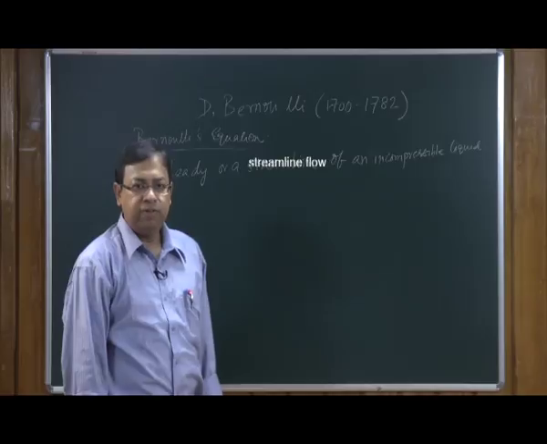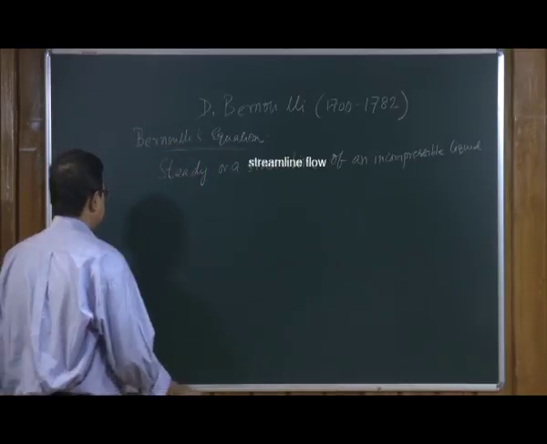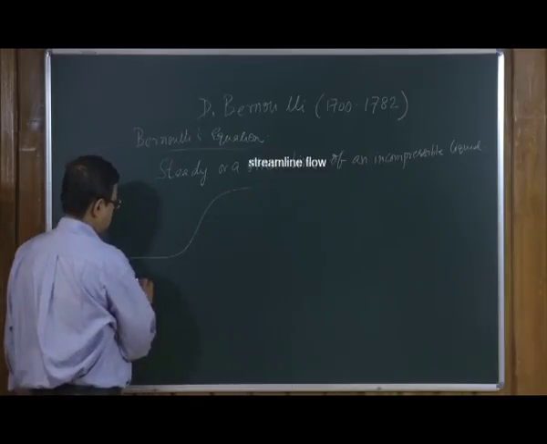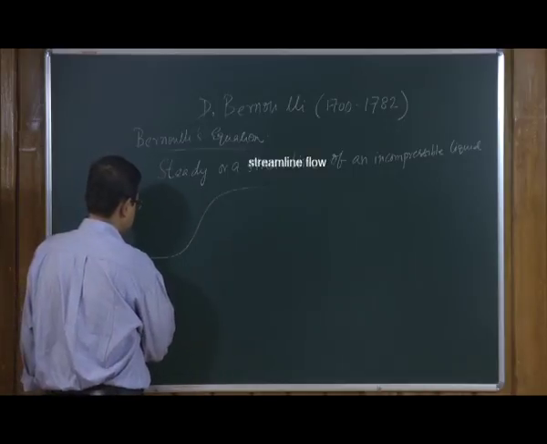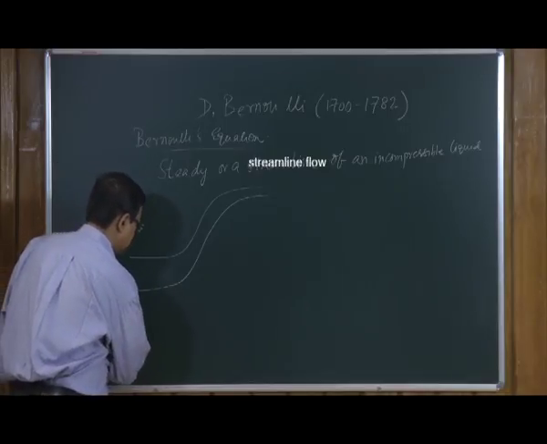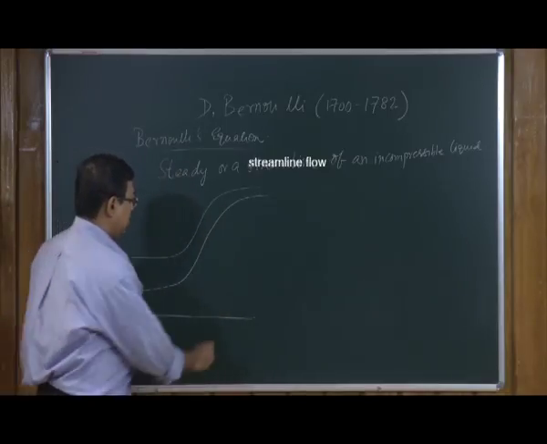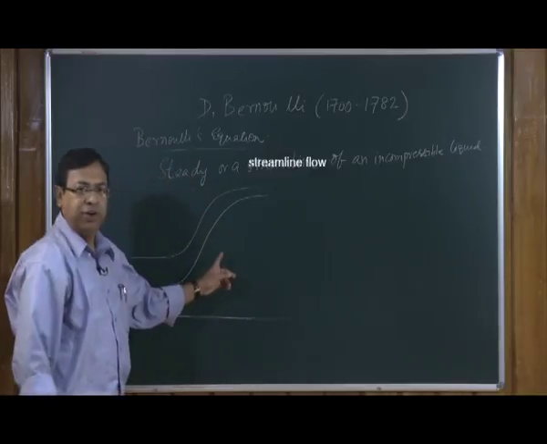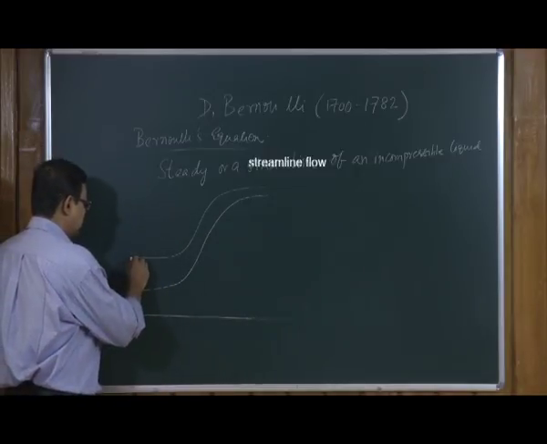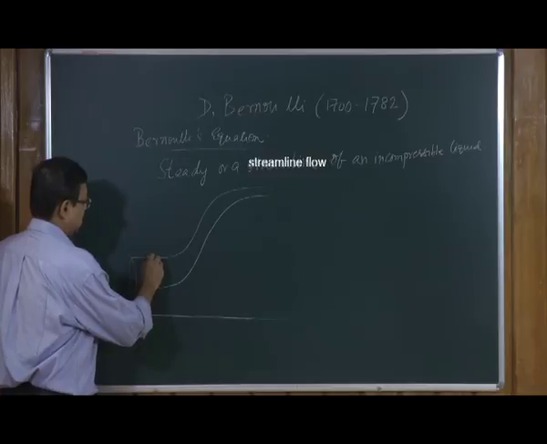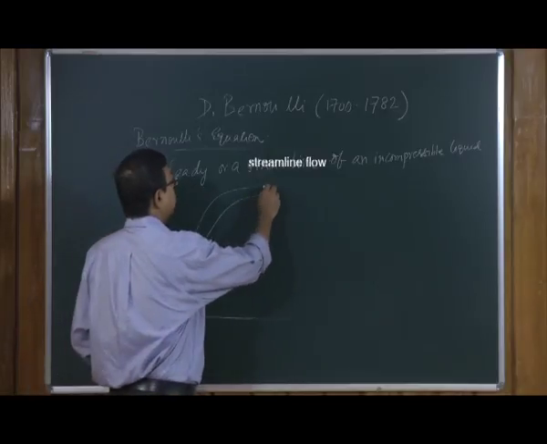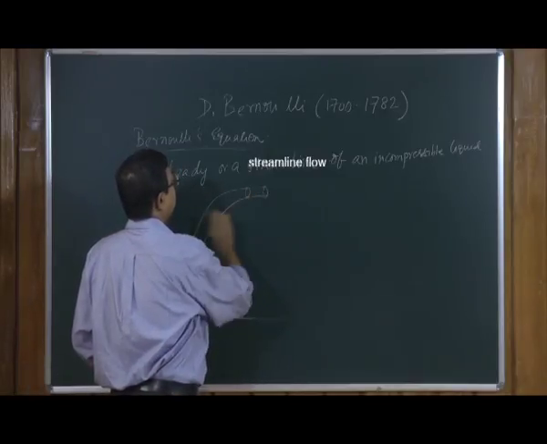So, in order to derive Bernoulli's equation, let us take this picture. This is the fluid flow through a pipe. So, there is an upstream flow. I am considering an elemental fluid in this region and also an elemental fluid in this region.